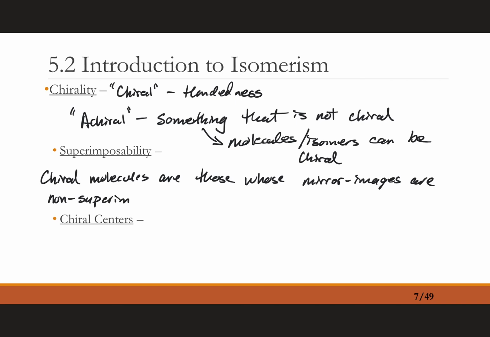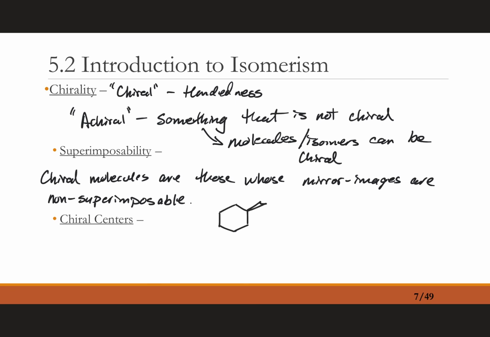That doesn't actually define superimposability, but what it means is that if two images don't overlap when they're mirror images of each other, then they will be chiral. If they do overlap, then they will be achiral. So let me give you an example of superimposability.